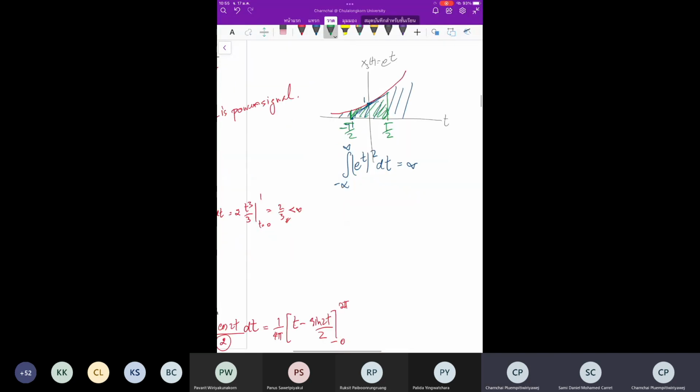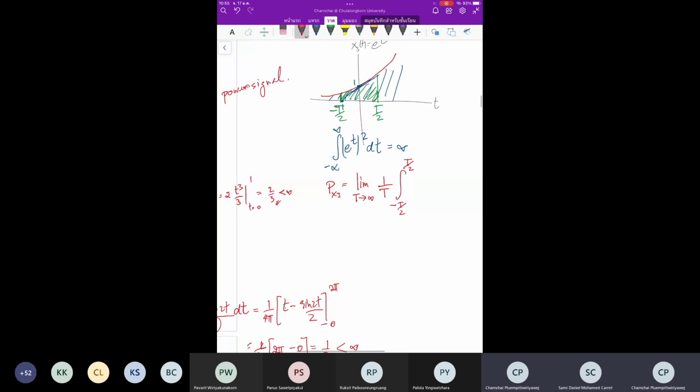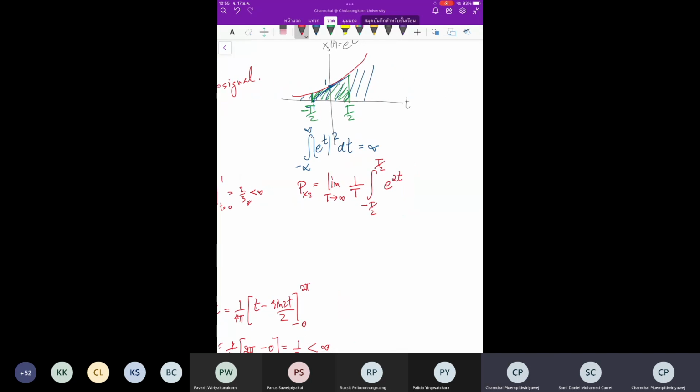So in this case, the power of x3 is equal to the limit as capital T goes to infinity, 1 over capital T, integral from -T/2 to T/2 of e to the 2t, that's e to the t quantity squared, dt.